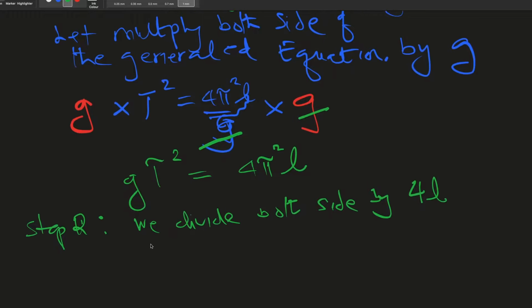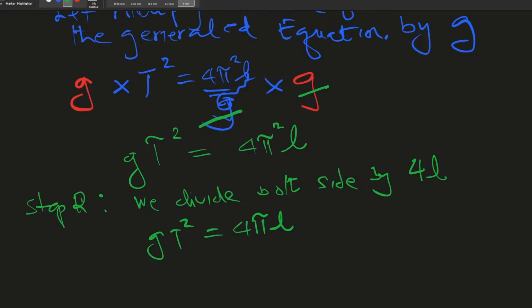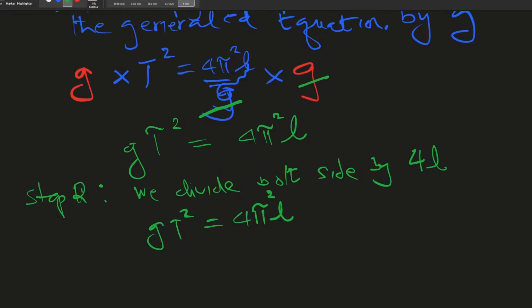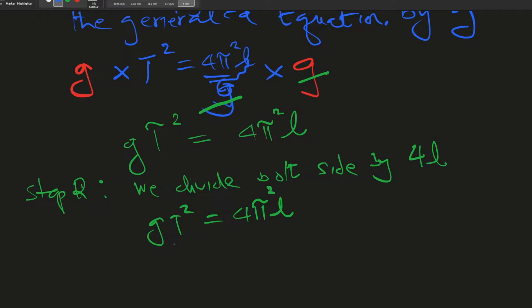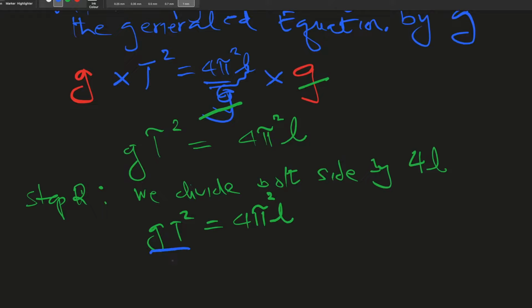So we have G T squared equals 4 pi squared L, and we're going to divide both sides of this equation by 4L.